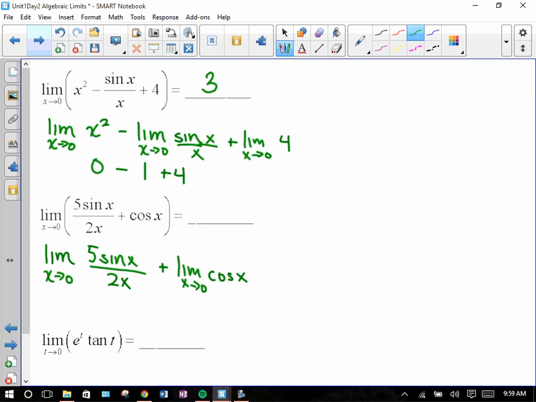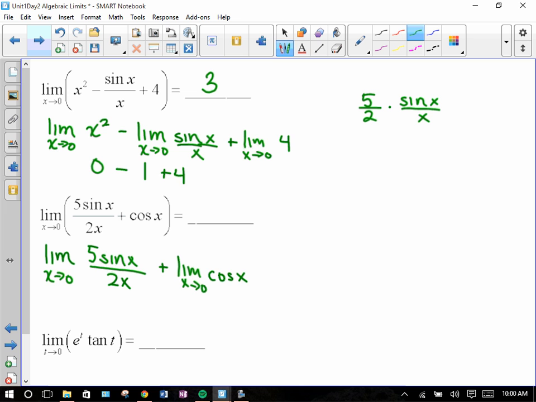Do you see anything else I can do to break this apart some more, so that we have limits of only things that we can evaluate? I am multiplying sine x over x by something. And what am I multiplying sine x over x by? 5 over 2. So it's 5 over 2 times sine x over x.